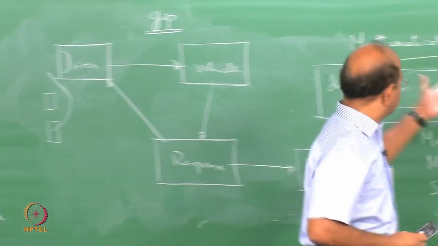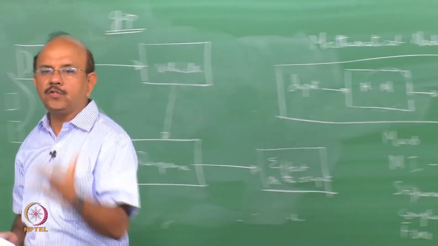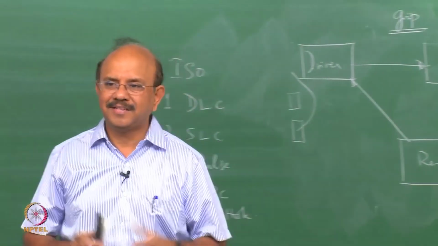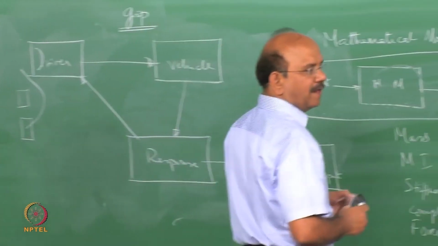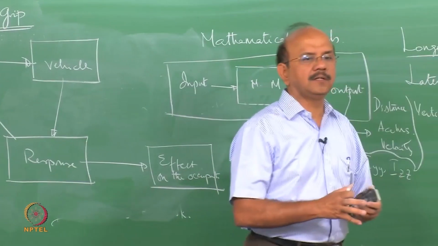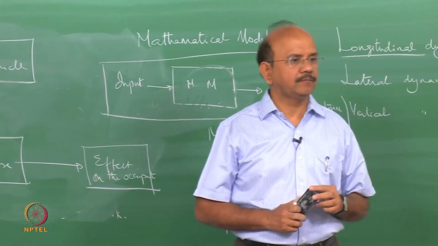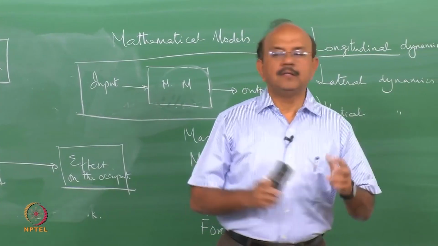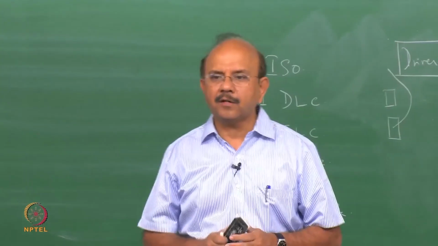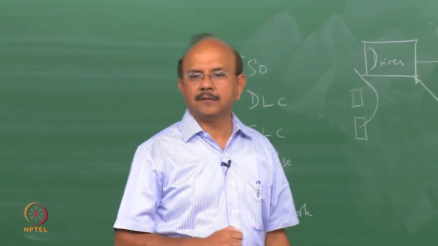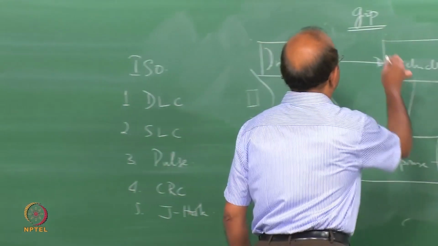In that process of understanding the mathematical model, we will go into the details of tire mechanics and tire behavior, because that forms the basis for one of the quantities on the right hand side. There are other quantities as well. The other force which is important in that mathematical model is the aerodynamic forces.